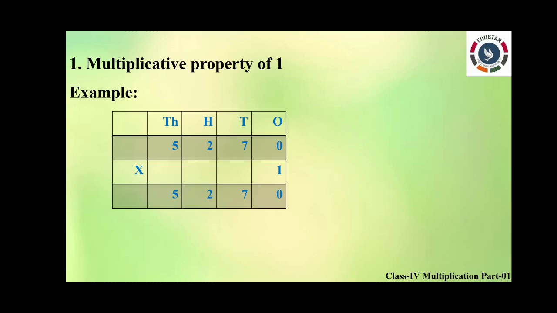Look at this example. 5270 is multiplied with 1. The result is the number itself. That means the product of 5270 into 1 is equal to 5270. This property is also called identity property of multiplication.